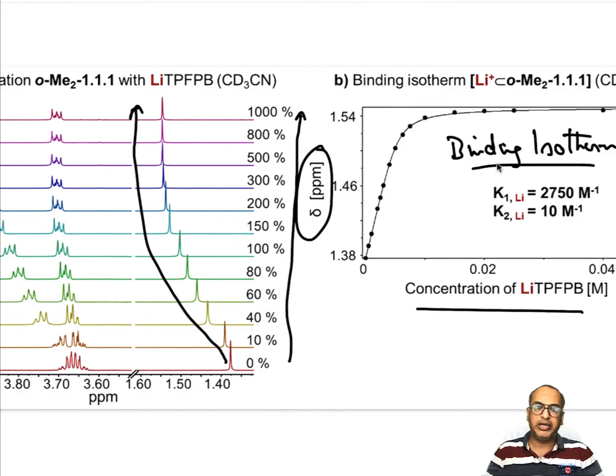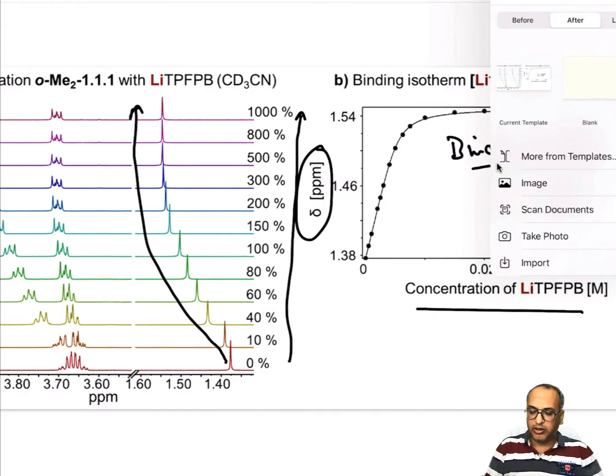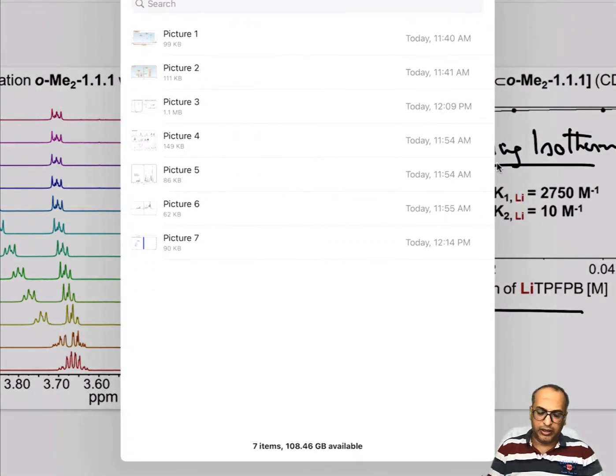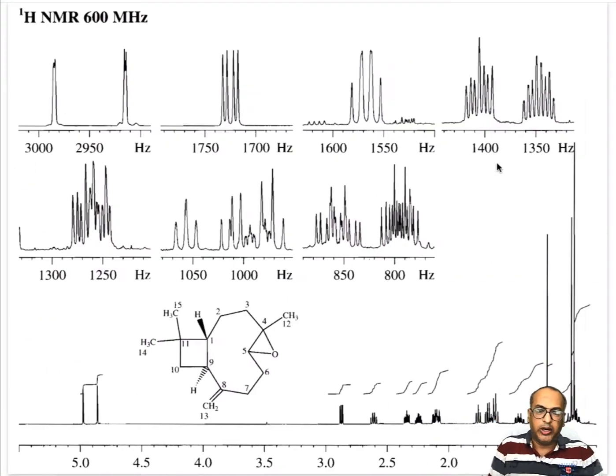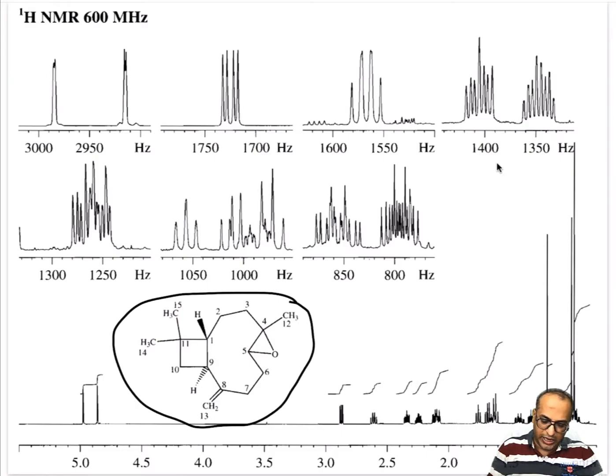So now let us see what happens when we try to go to more complex molecules. This is a case of a simple proton NMR, but of a simple molecule, right? But what happens when we go for a complex molecule which is drawn over here? I don't know the name of the molecule, I just picked up this image from Google.